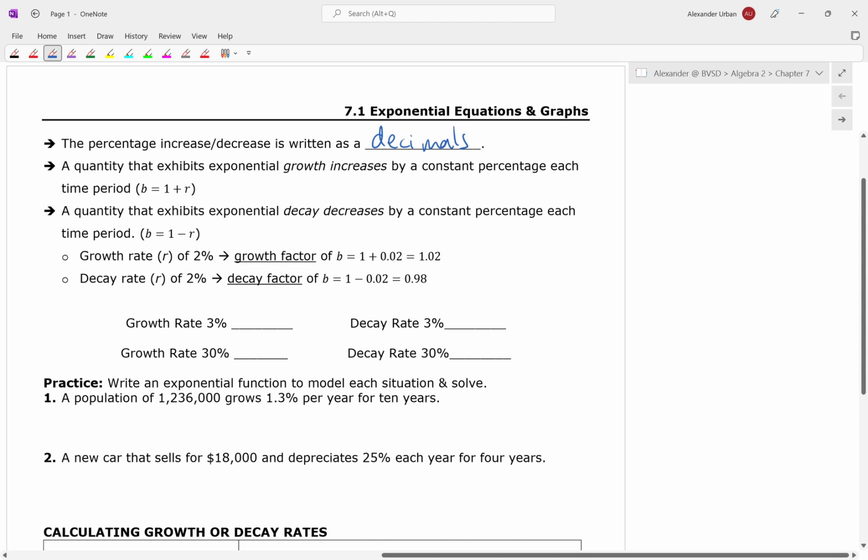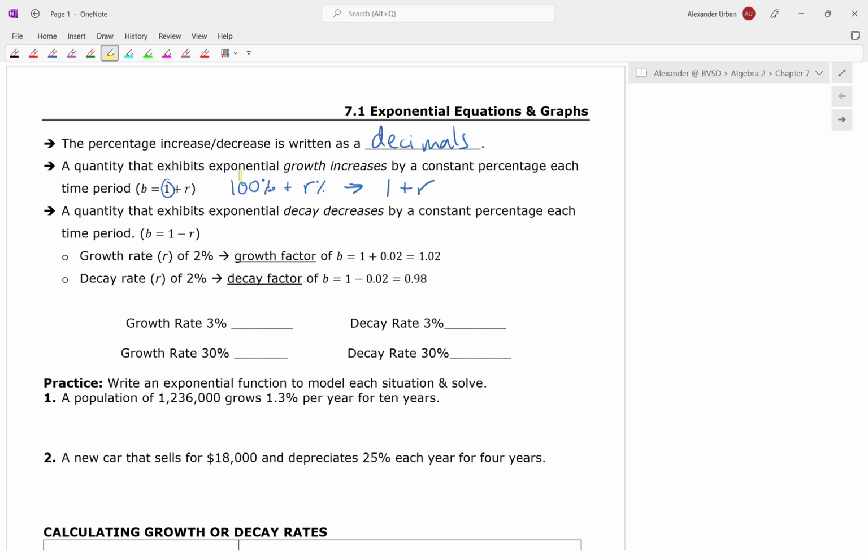And when we talk about exponential growth by a constant percentage over each time period, we start off with 100% plus the rate percentage. But we translate it as 1 plus the rate, and the rate must be in decimals. This was for a growth, so we're going to be adding. If we have a decay, we're going to be subtracting.